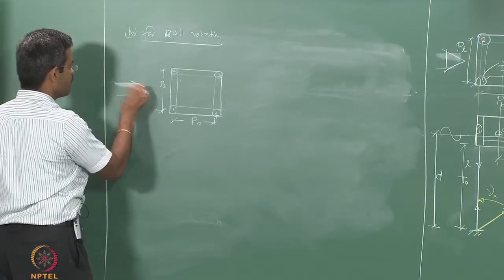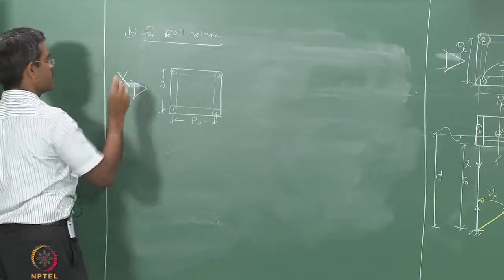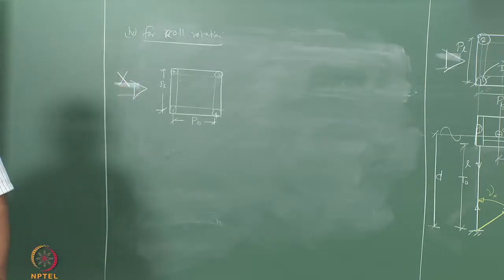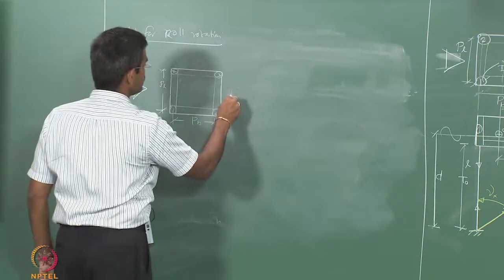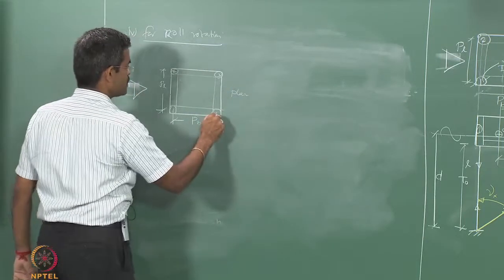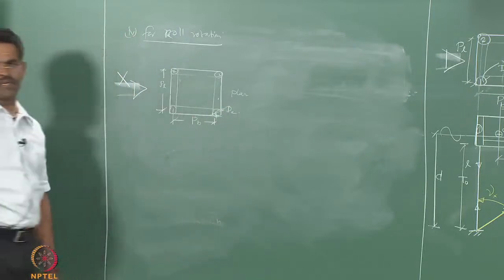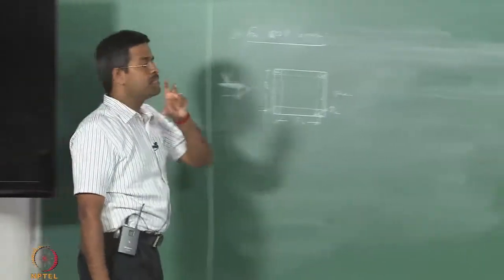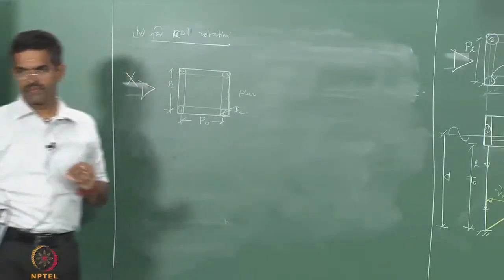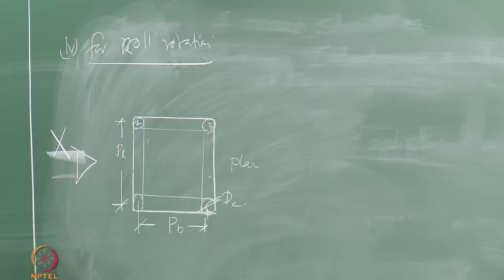This is my wave axis, which is x. This is my plan. This is DC, diameter of the column, and this is diameter of the pontoon. Ideally speaking, in all TLPs usually they are kept the same, because they will have fabrication difficulties at these junctions. They are taken almost the same in all the cases usually.